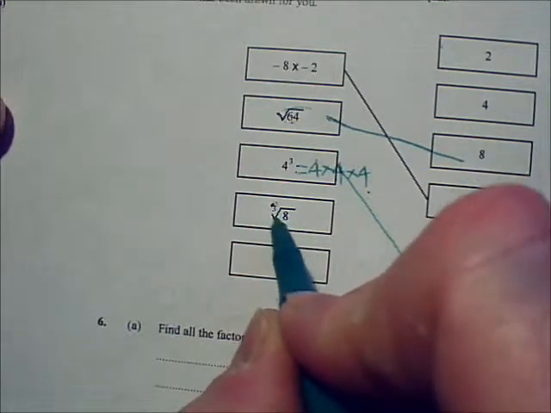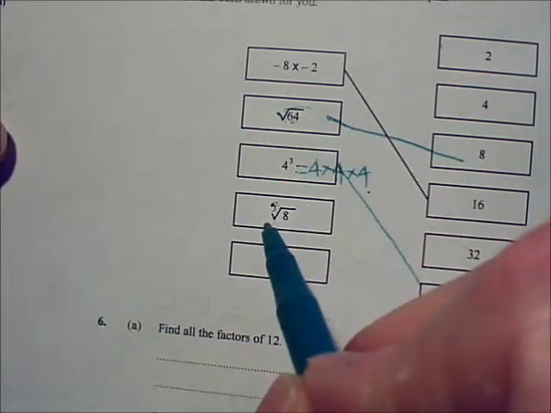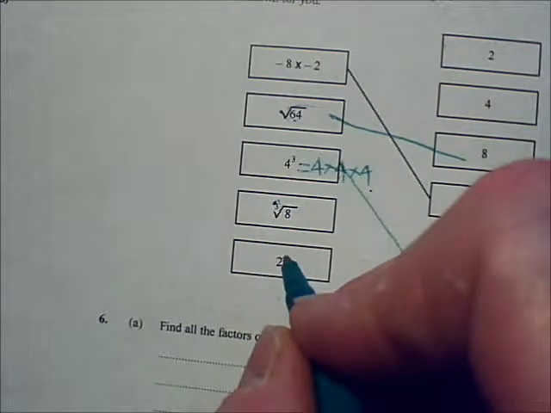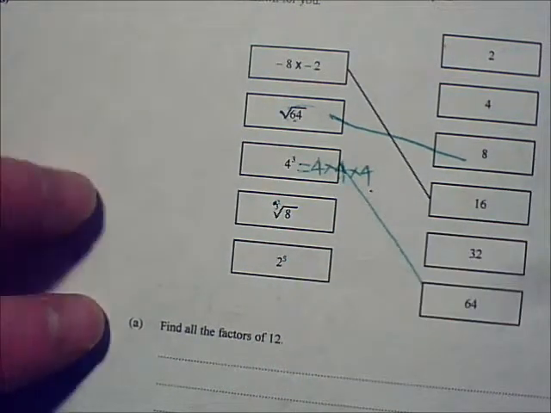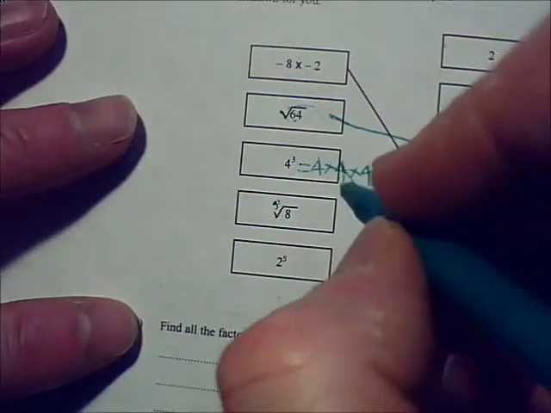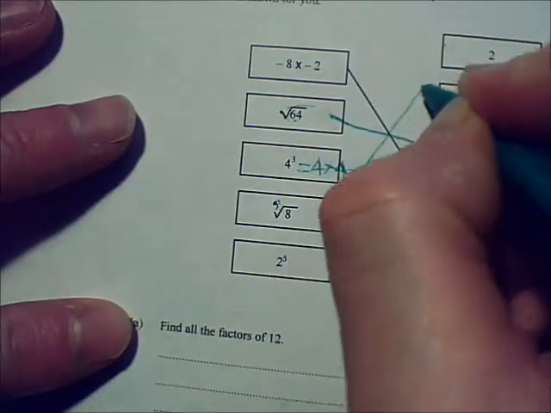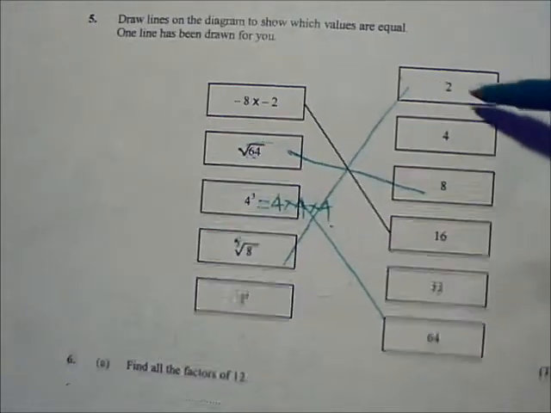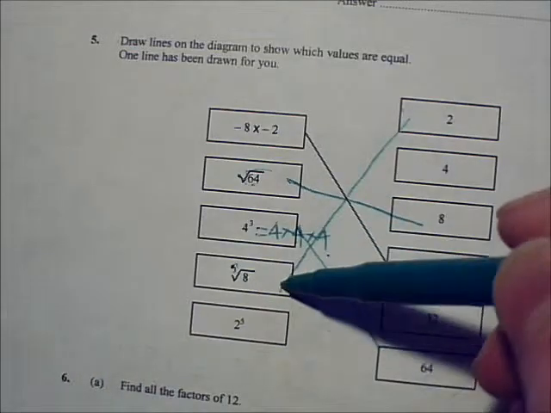Little 3 above the root sign means you've now got a cube root. So what number times by itself 3 times makes 8? And the only possible answer here is 2. It's the only answer. 2 times 2 is 4, times 2 is 8.